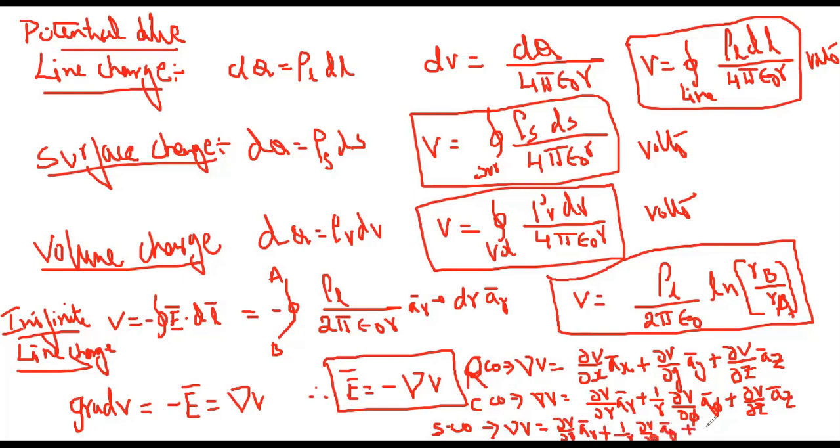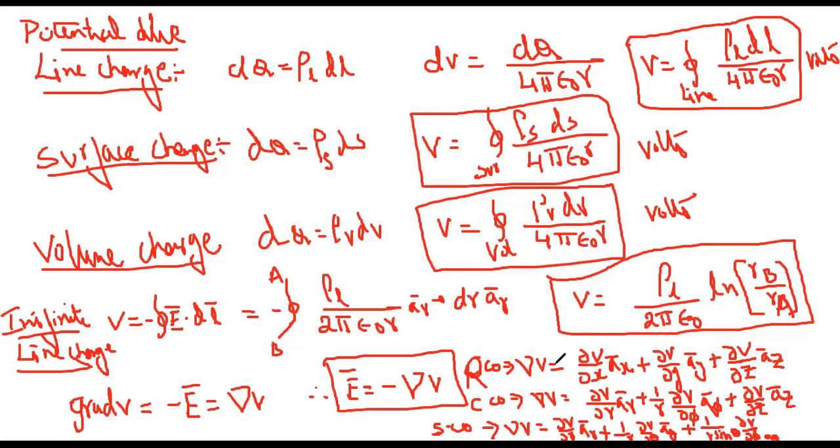And the third term is R sin theta multiplied with the d phi, so 1 by R sin theta into dou V by dou phi into A phi bar.